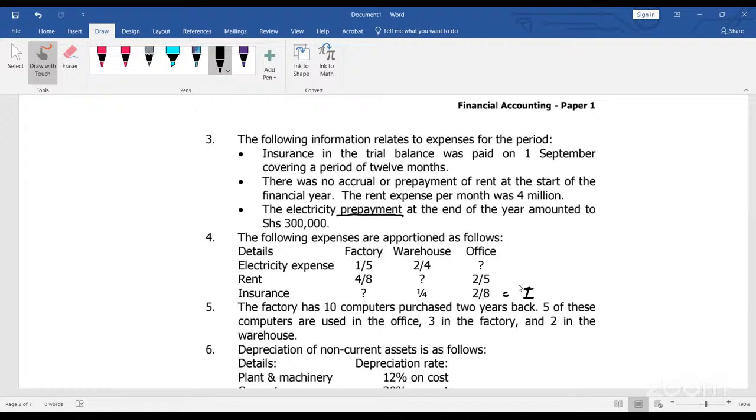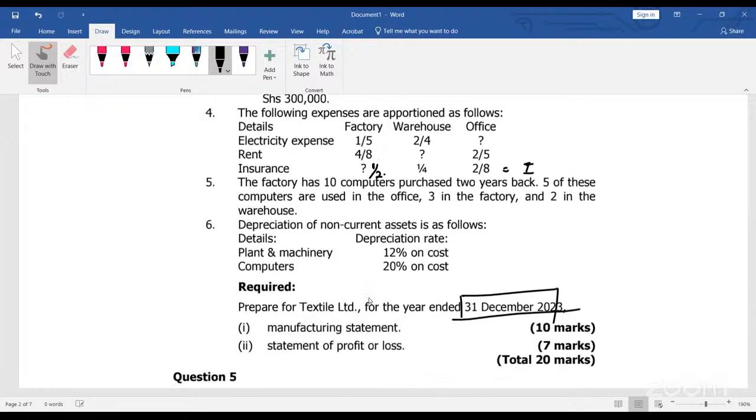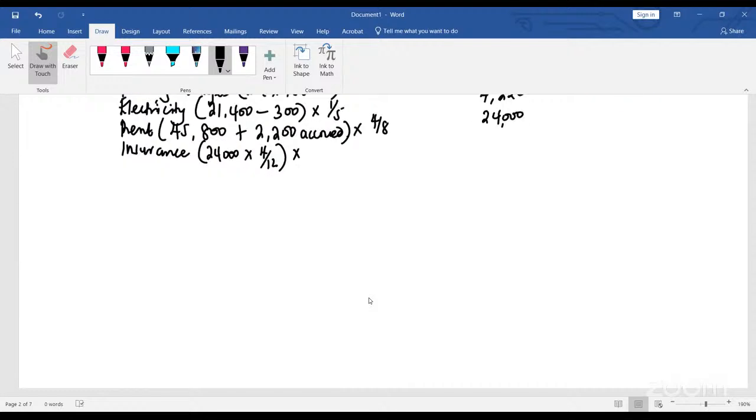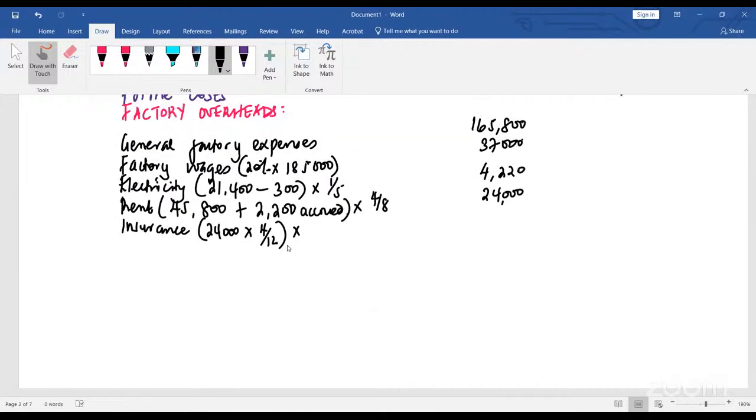You remain with a half. So here there is a half missing. So in the factory insurance, you take a half. It's you to find out that missing fraction. So it's a half that we take to factory.